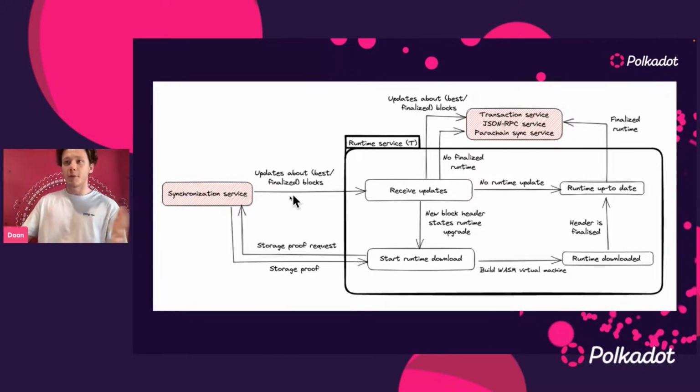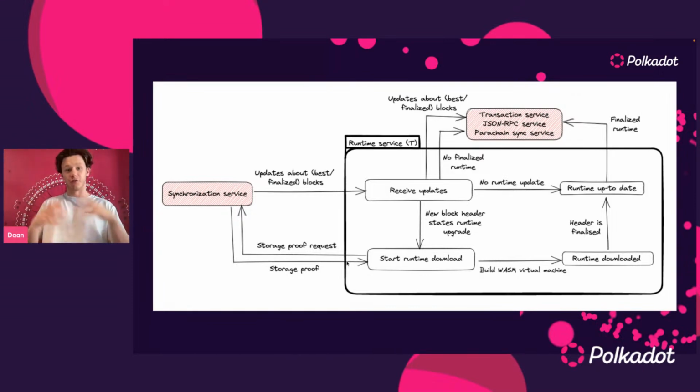So the runtime service gets updates from the synchronization service about new, best, and finalized blocks. In the block header, we can find whether there is a runtime upgrade. If so, we start a runtime download by requesting a storage proof from our peers, because we need this new runtime Wasm blob. So we send it to the synchronization service, which sends it to the networking service, and so on.